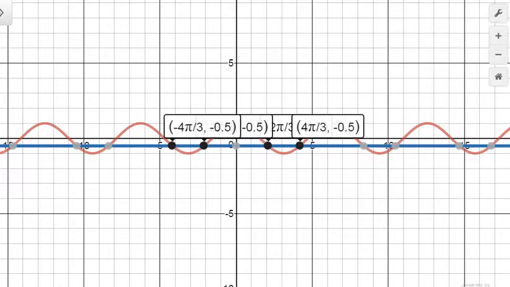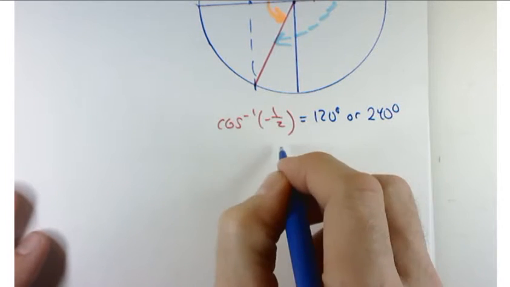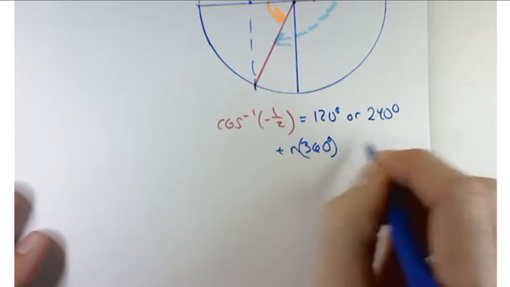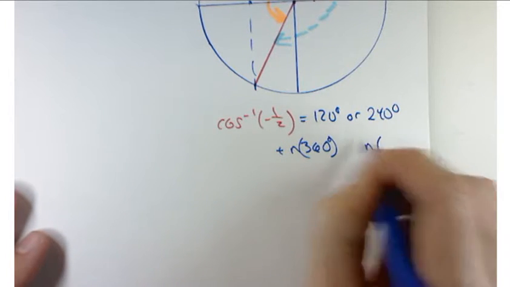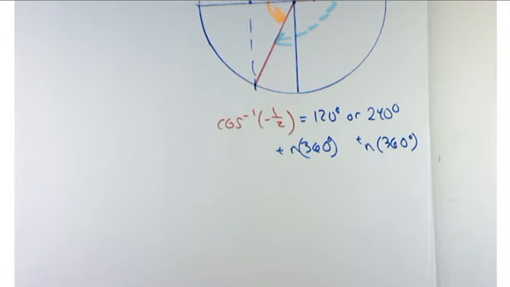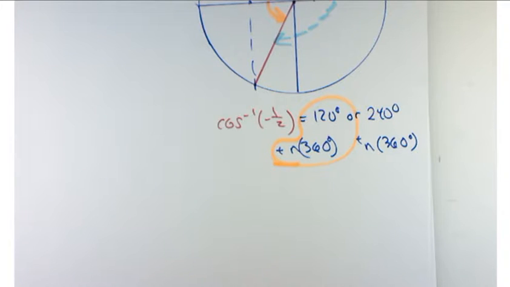Let's see if we can characterize that. Well, let me go back to this right here. 120 plus multiples of 360, or 240 plus n times 360. That's the most general solution I have to where cosine of u is equal to negative 1/2. So there's two parts to it. There's this part and this part.